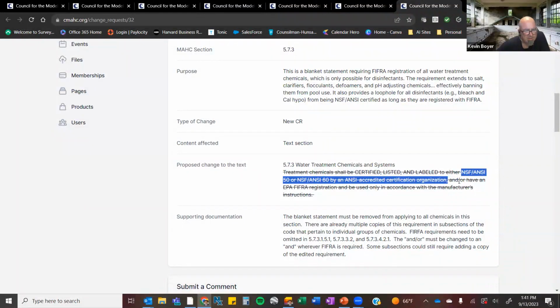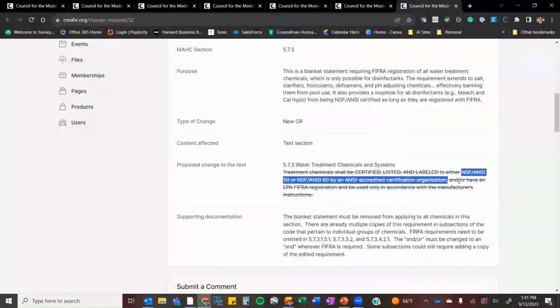I missed that this is eliminating the whole thing. That I would not agree with, but we need to specify, in my opinion, that all water treatment chemicals should be NSF ANSI 50 or 60, and any pesticides must also be EPA FIFRA registered.